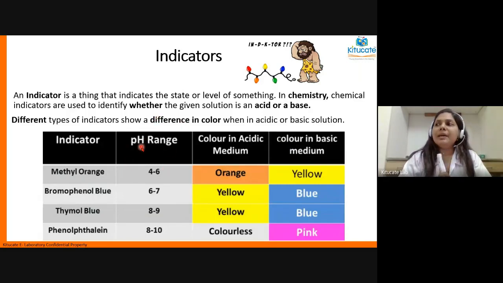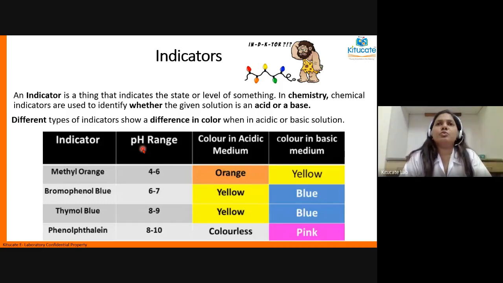pH is the measure of how acidic or how basic your chemical is. For example, when we say that Pune to Mumbai is say 600 and Pune to Bangalore is say 1000, we use something with it, right?